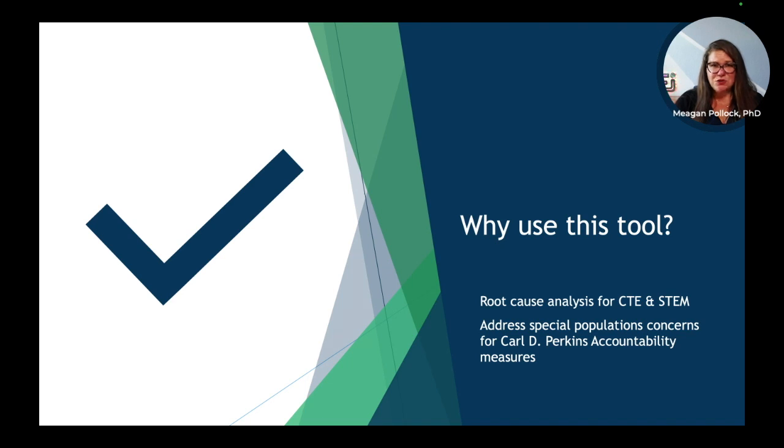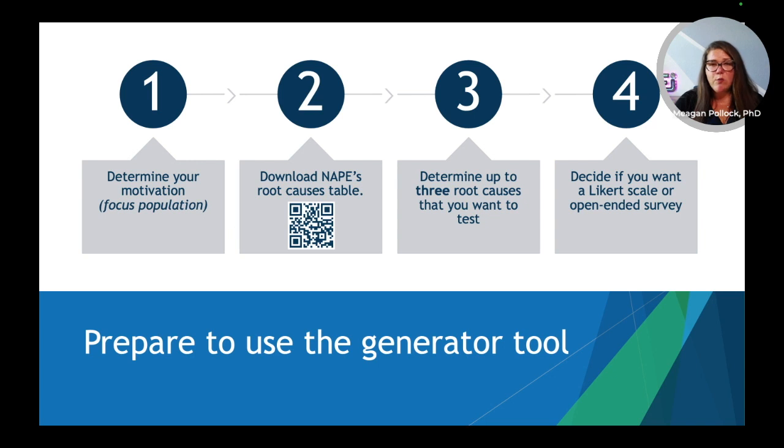So why should you use this tool? Well, this tool is, again, for anybody who wants to conduct some root cause analysis for and within CTE and STEM. And you can use this tool to address special populations concerns for Carl D. Perkins accountability measures.